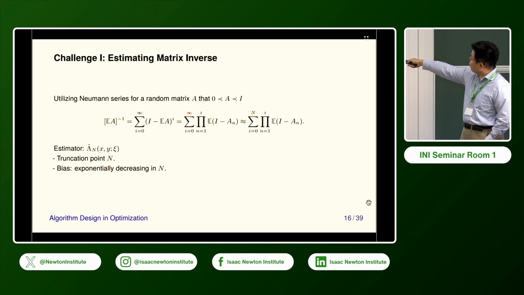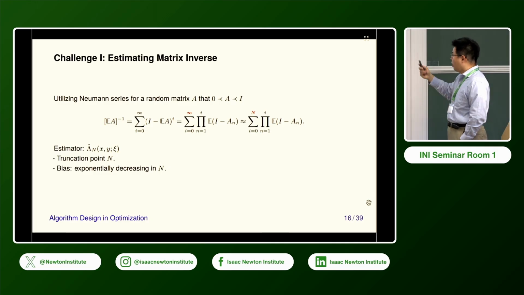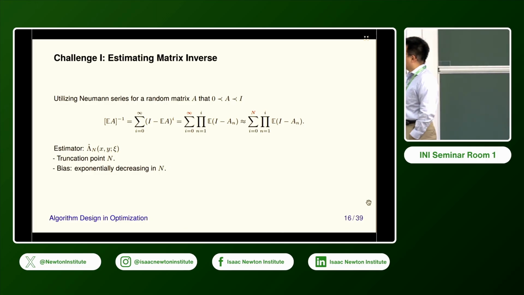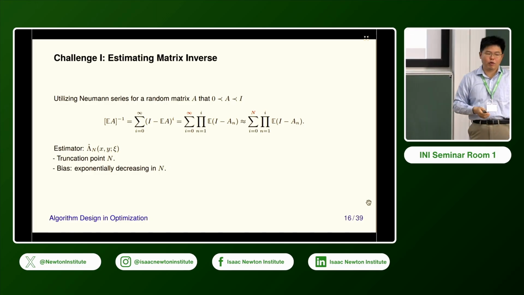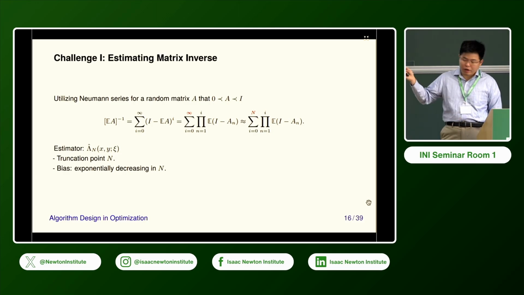So this is the form. You just write it out, and then you truncate at a certain truncation level. And then you replace this matrices expectation of A with IID samples. The good thing about this is that the bias of this estimator usually decreases quite fast, exponentially fast in terms of the truncation level. So together with importance sampling on this part, you will be able to get a good estimator.